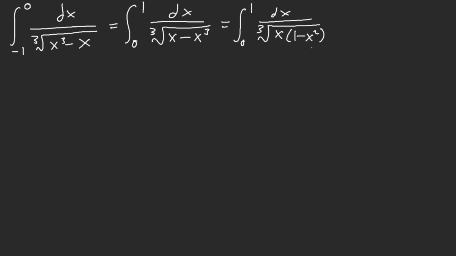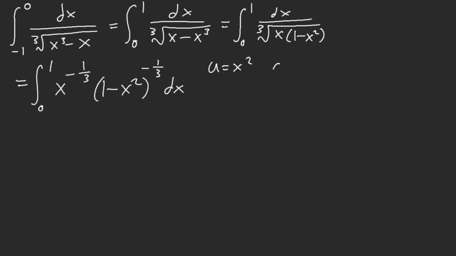So we're going to have x to the power of negative 1/3 times 1 minus x squared to the power of negative 1/3, and we can let u equal x squared. Don't forget that this is a forced substitution, so we have square root of u equals x. That means for dx we have du over 2 root u.